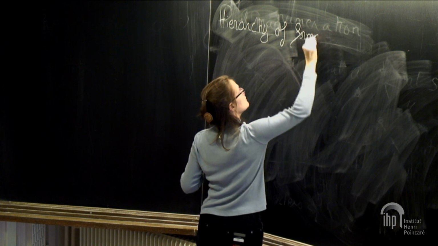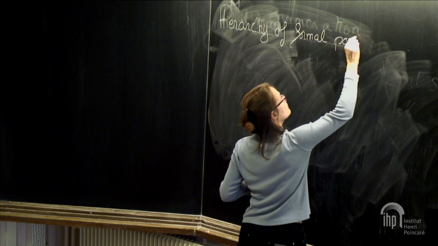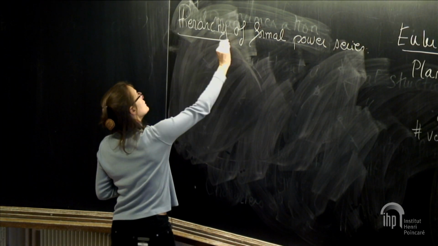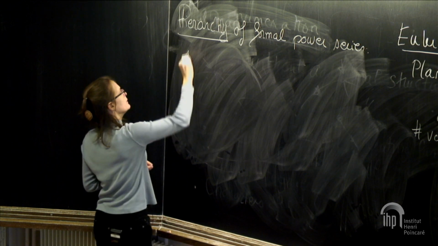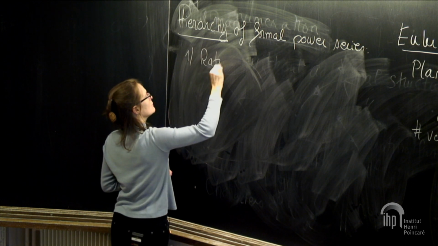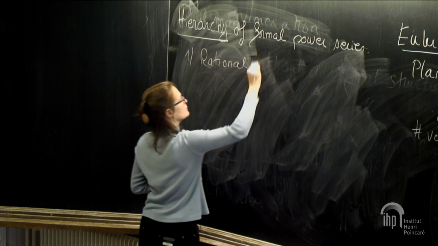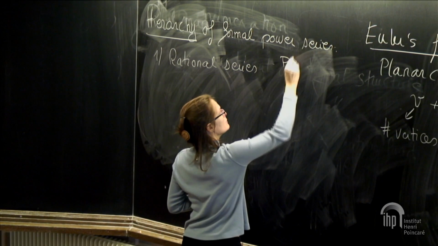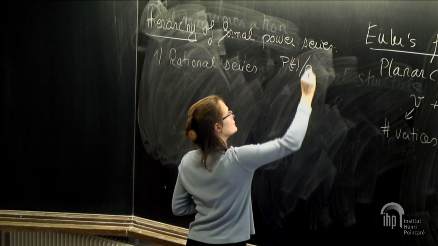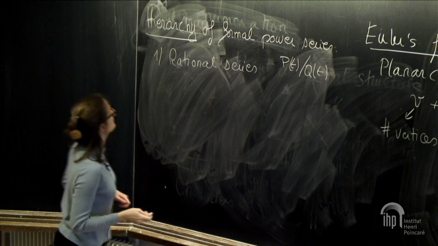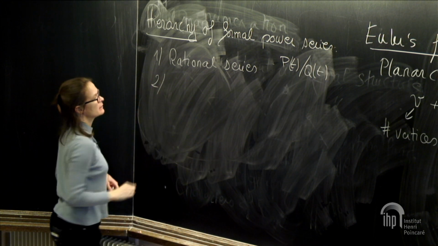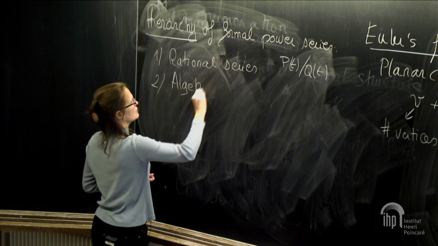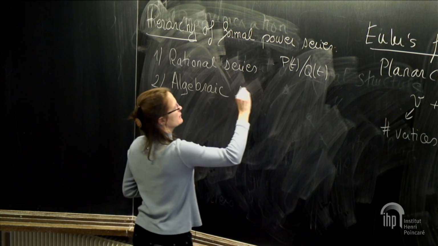Formal power series. So the simplest of them are the rational series, so ratios of polynomials. So that's the one variable setting. Then comes a more general class, which is the class of algebraic series.